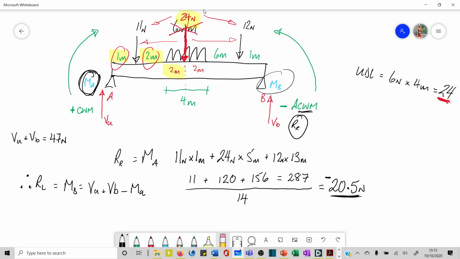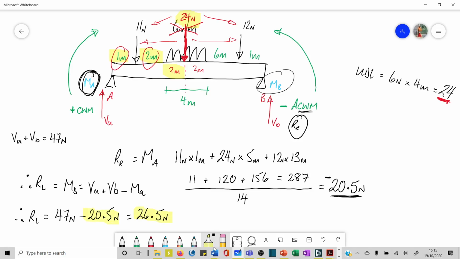To write that another way, therefore the left reaction equals the total sum of forces, which is 47 newtons, minus 20.5 newtons, which equals 26.5 newtons. And we can see the total sum there.